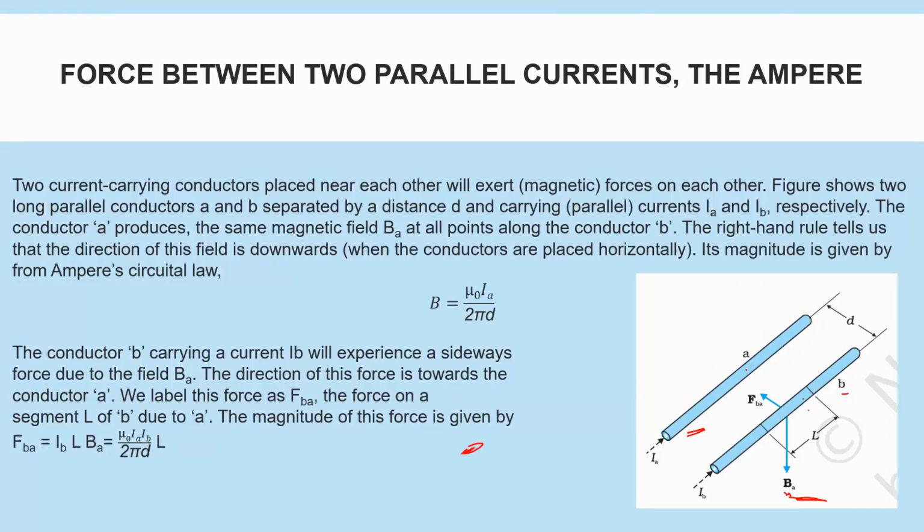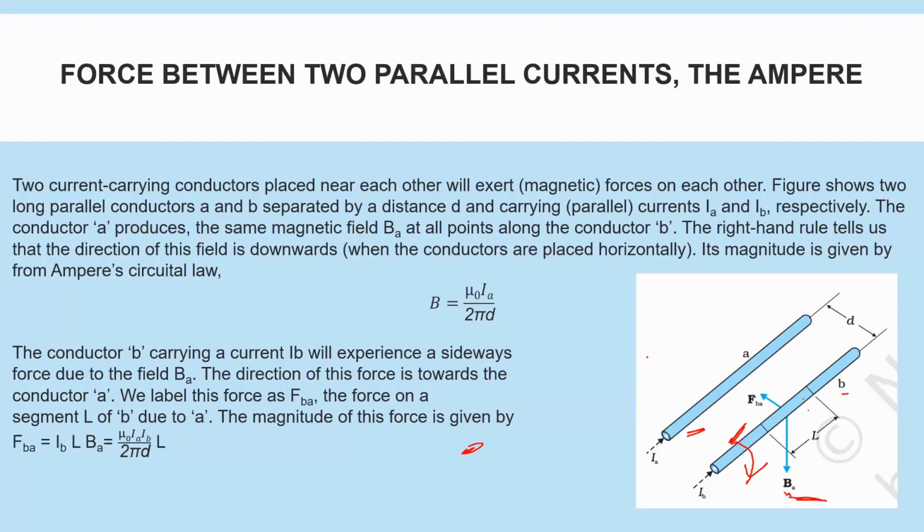As I said, the conductor A is producing the magnetic field BA at all points along the conductor B. Now with the right hand rule, we can get the direction of this field, and that is going to be downwards. If you consider the right hand rule, if your right hand thumb points here and you curl your fingers, it is going to be going down. So that is where you see BA is actually going downwards.